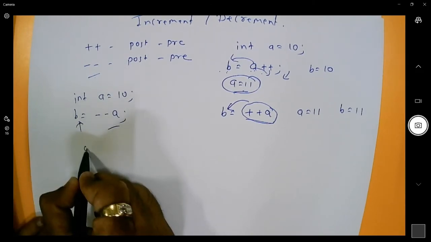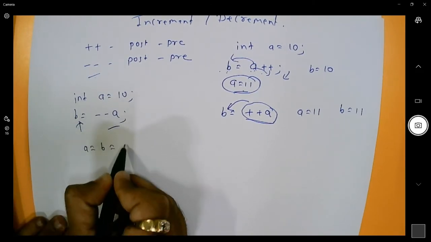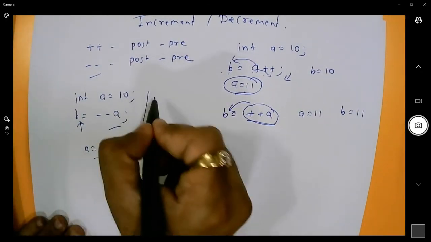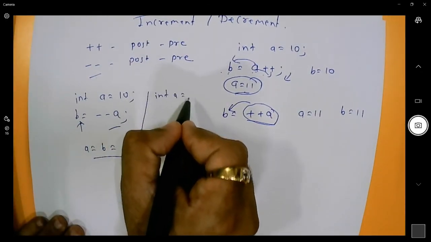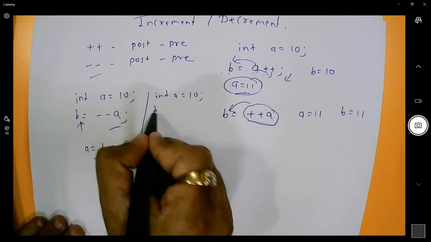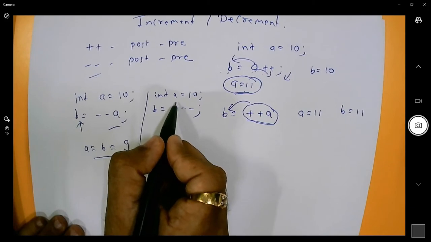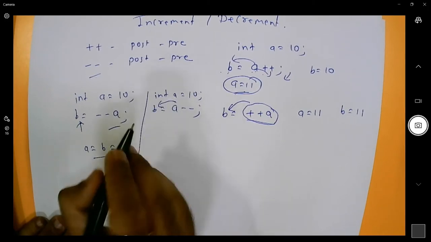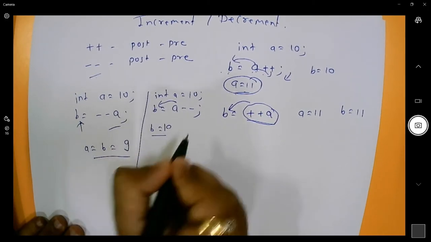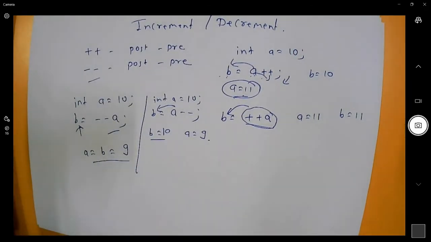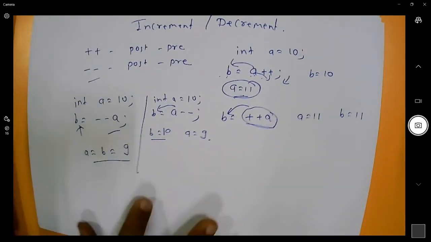So your a and b both will be equal, that is 9. But suppose you are writing integer a equal to 10 and b is equal to a minus minus, then your a will be assigned first to b. So your b will be 10 and then your a will be 9, right? So this is what pre-increment and post-increment are.